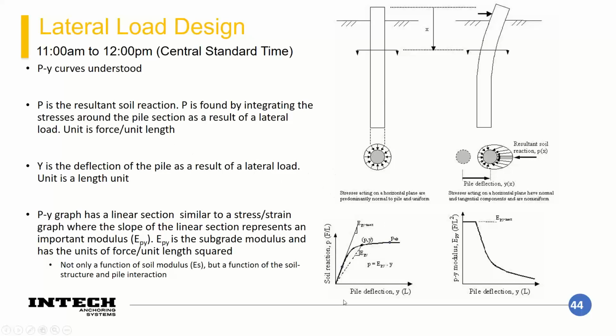So PY curves: you have your deflection Y and your soil reaction P on the Y-axis. The soil resultant reaction is what you get when you integrate the stresses that are forming around your pile shaft.